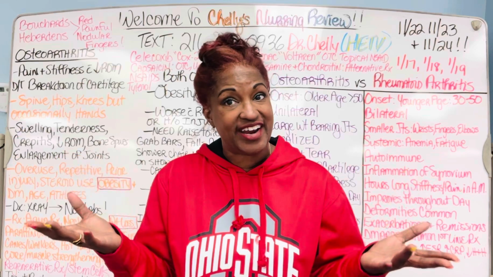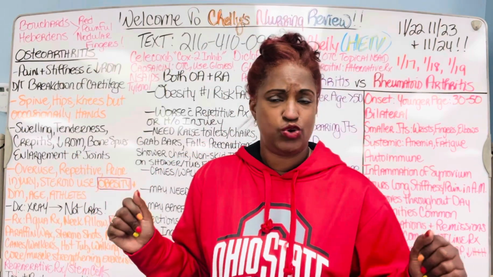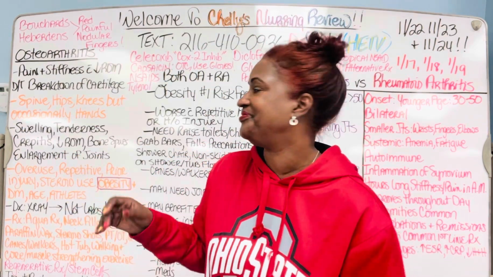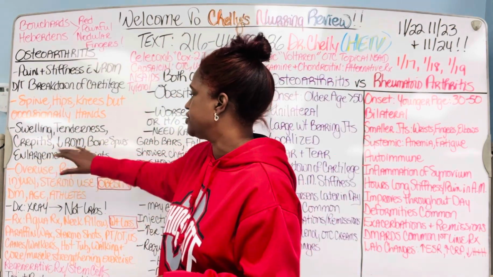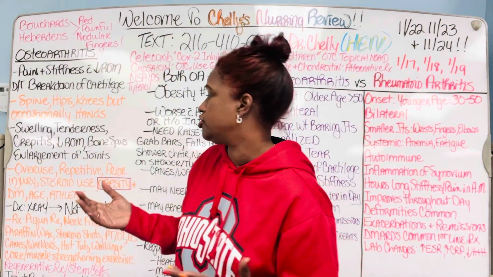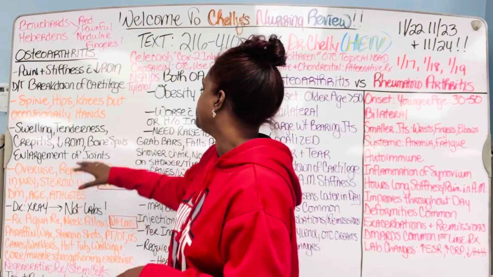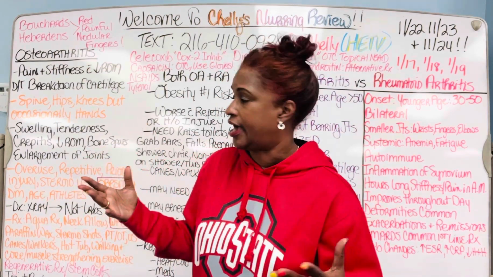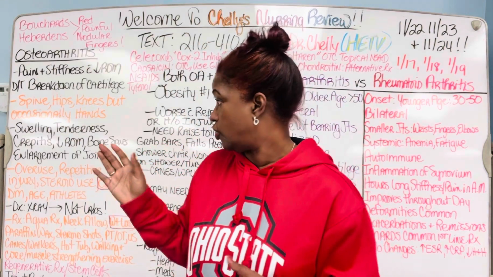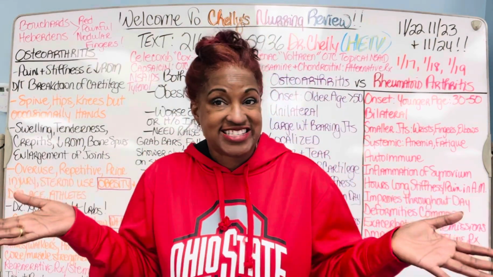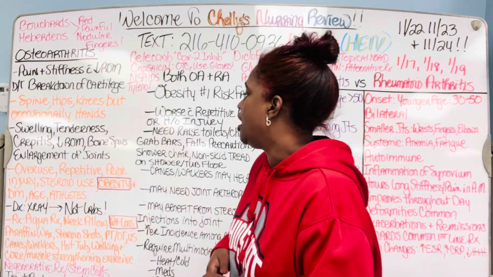I mean, you can hear it. You heard my knee popping, okay? So that crepitus is very common. Decreased range of motion, you can't do everything you used to do with that joint. Bone spurs are very common and enlargement of the joints itself. So those are all what we see with osteoarthritis.